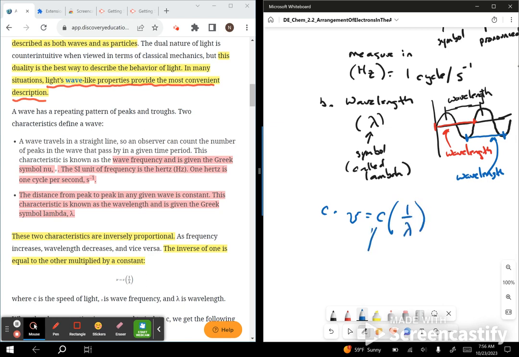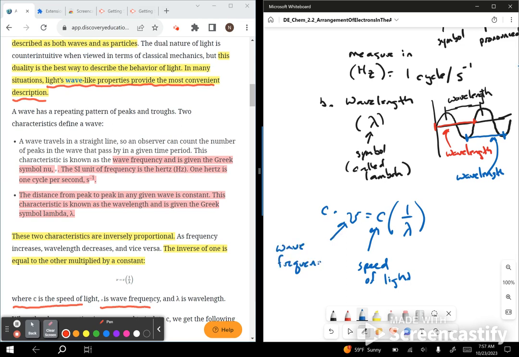Okay, c is the speed of light. As you can see here, we're just referencing the text. Nu is the wave frequency, and lambda is your wavelength.